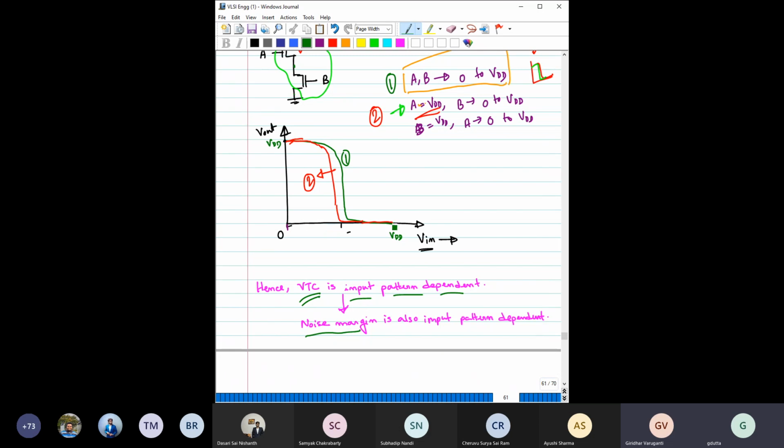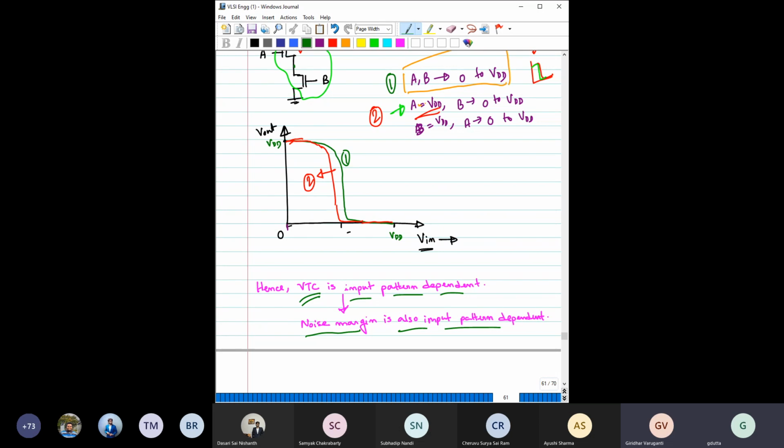Now, if the VTC is changing, please recall our initial analysis, what is happening to the noise margin, right? Noise margin low, noise margin high, right? So basically we are changing the noise margin as well if this VTC is shifting. So for this NAND gate, when the number of inputs is more than 1, the noise margin is also dependent on the input pattern, right? See, this is the beauty here. For an inverter, it is always fixed once you have designed it.